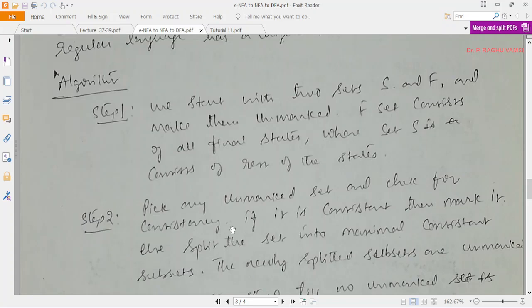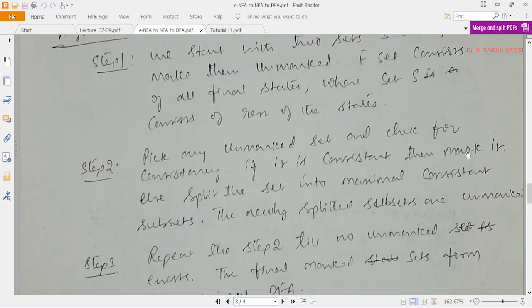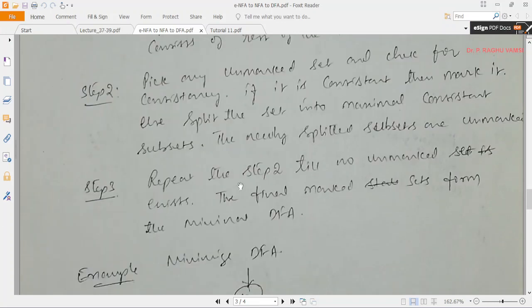Consistency will be checked with respect to the transition table. If it is consistent, then mark it. Else split the set into maximal consistent subsets. The newly split subsets are again unmarked. Repeat step 2 until no unmarked set exists. The final marked sets form the minimal DFA.